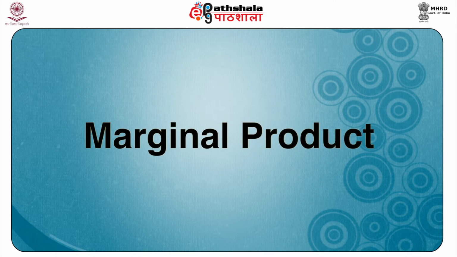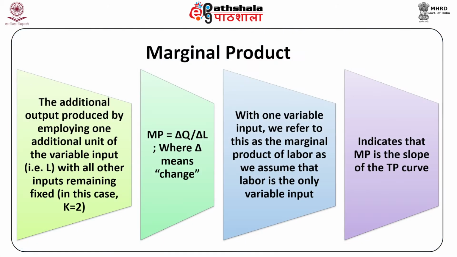Next is marginal product. Marginal physical product or marginal product MP is the additional output produced by employing one additional unit of the variable input, that is L, with all other inputs remaining fixed. In this case, K is equal to 2. This means MP is equal to delta Q upon delta L, where delta means change.